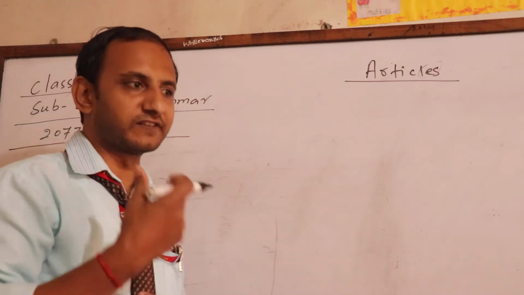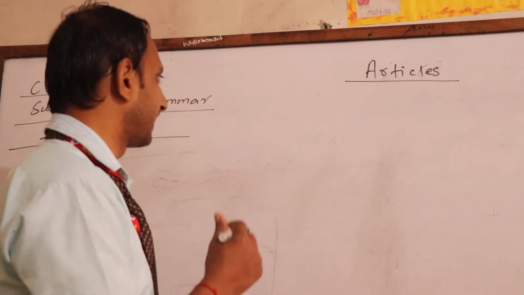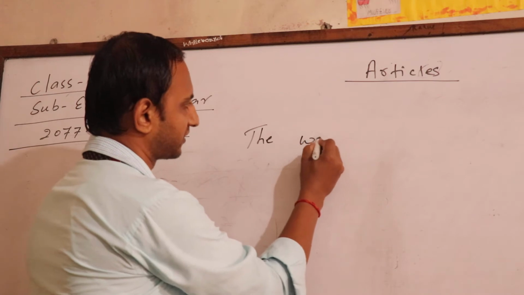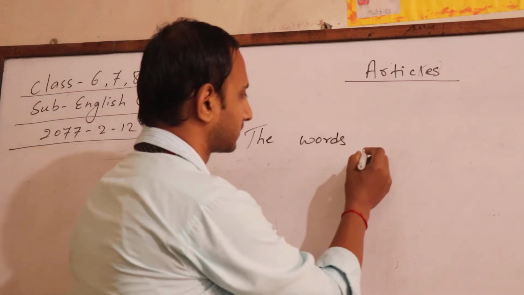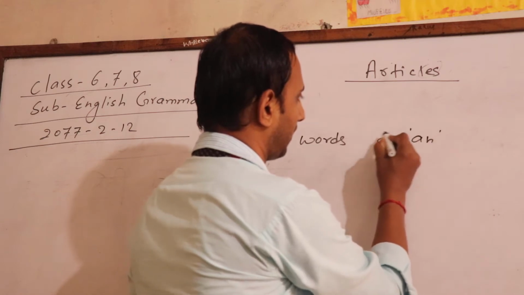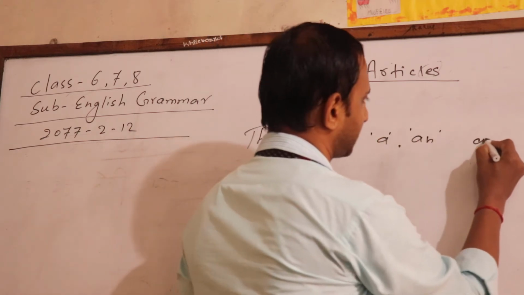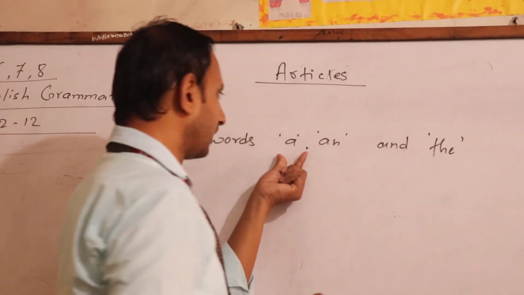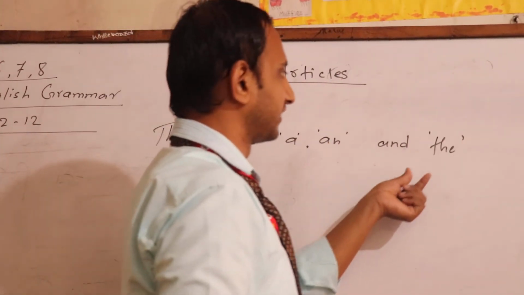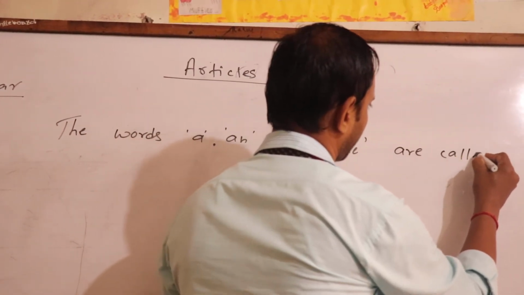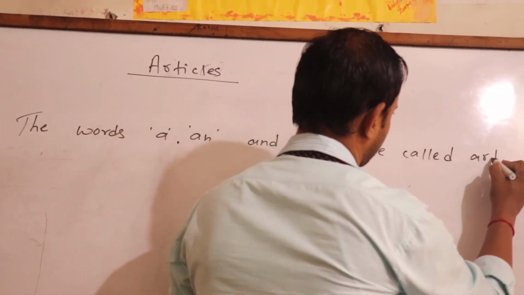So if you have to define articles, we can write here: the words a, an and the are called articles.